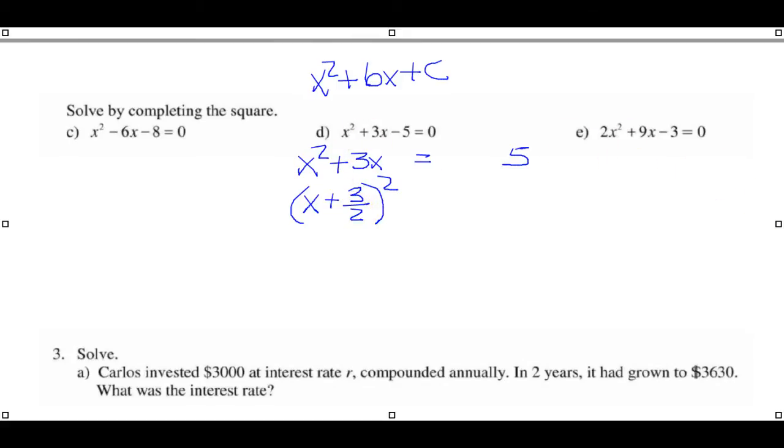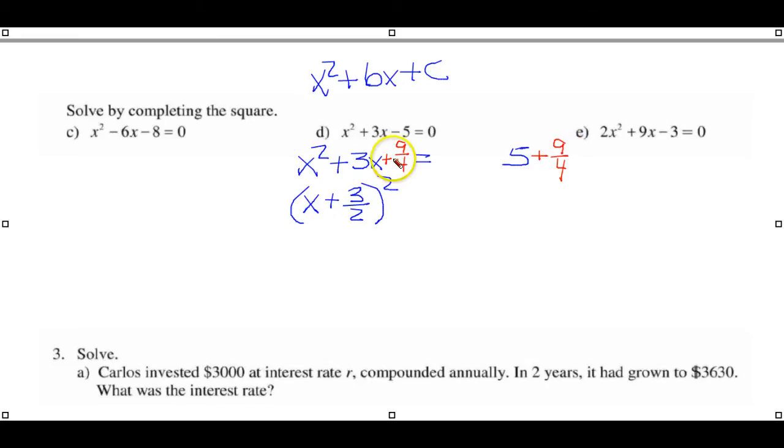Now what I need to do is get my new c term up here, square this, and this becomes 9/4. Now if I'm going to keep this an equation, I must add 9/4 to this side as well. So now this is an equation.